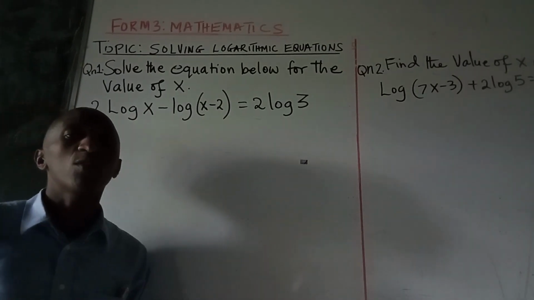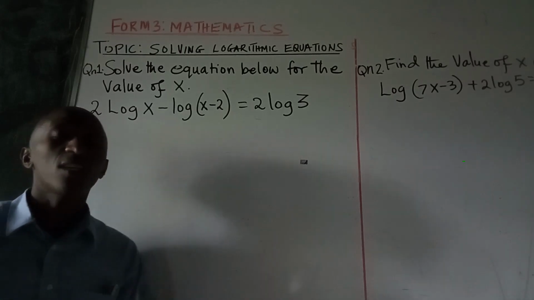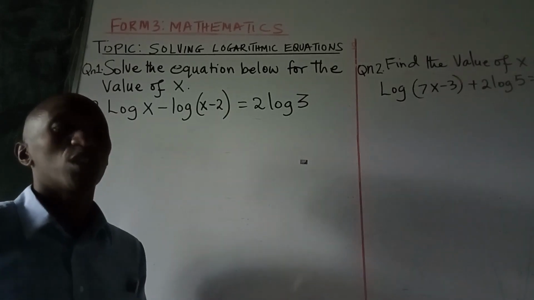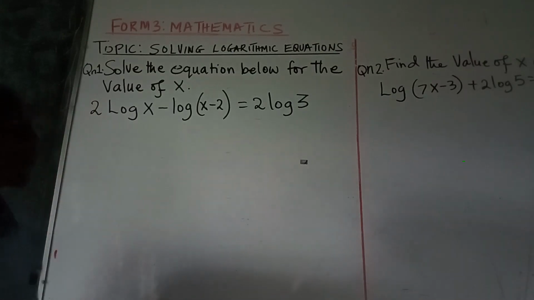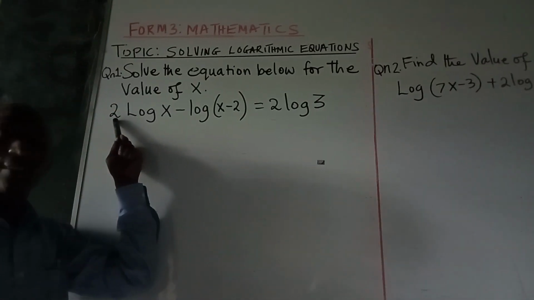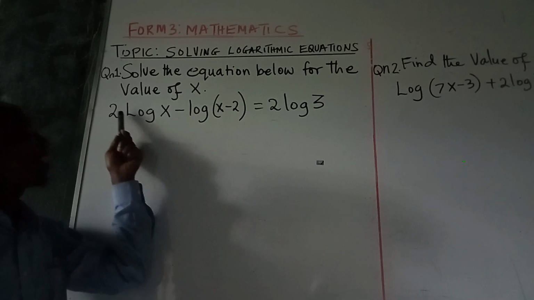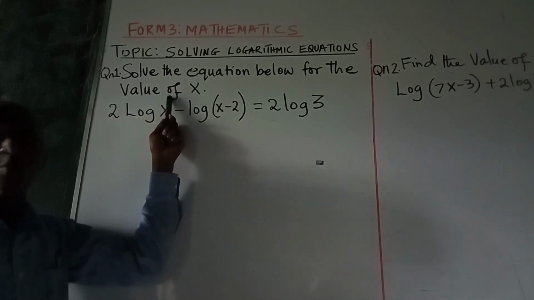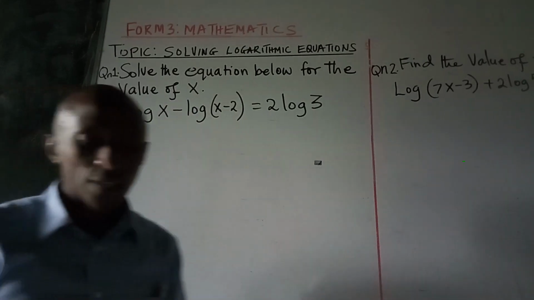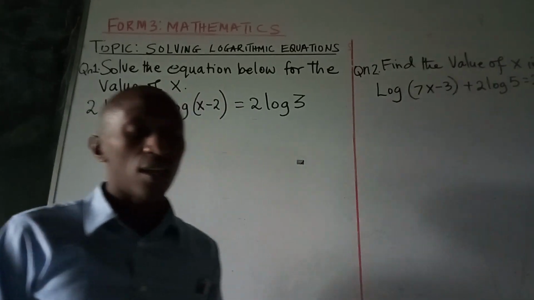The most important thing to recall here are the basic rules of logarithms, which we shall apply. Number 1, when the logarithm has a multiplier, that multiplier can be put as a power to the number.